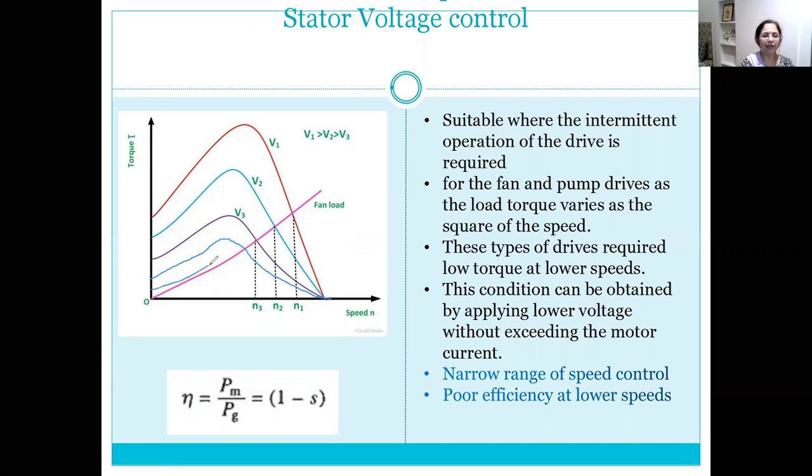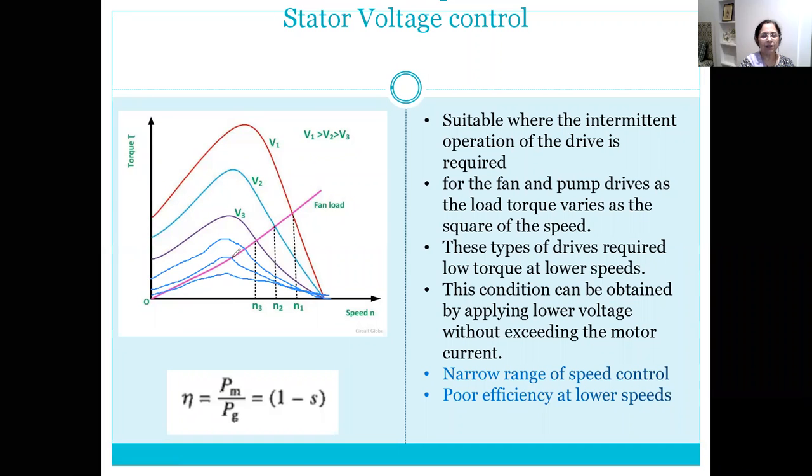And gradually we can realize that if we continue reducing this voltage further, there may be a point at which the load torque requirement is not met by the motoring torque.